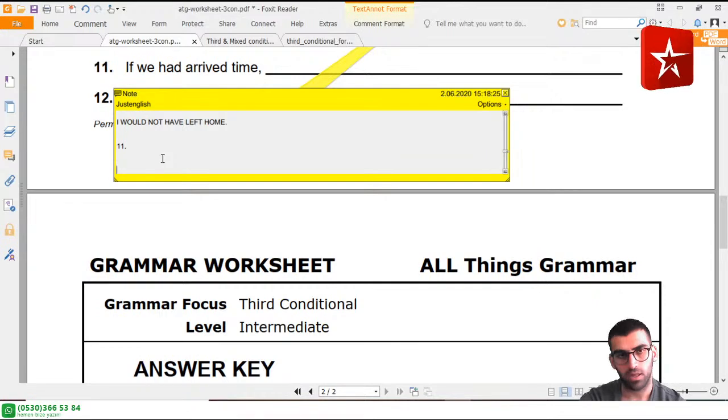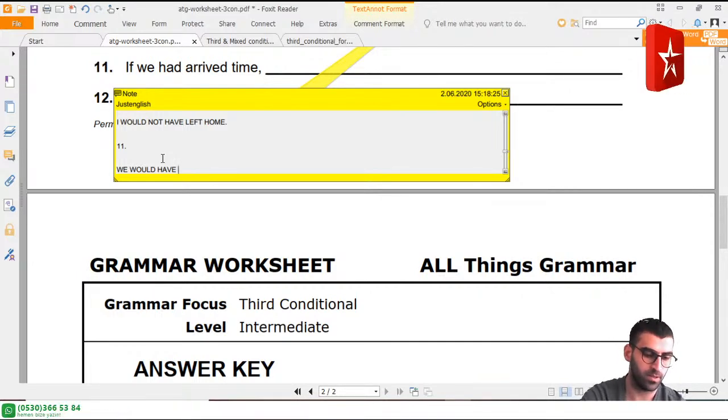And number 11, if we had arrived on time, we would have what? Okay, I am waiting.